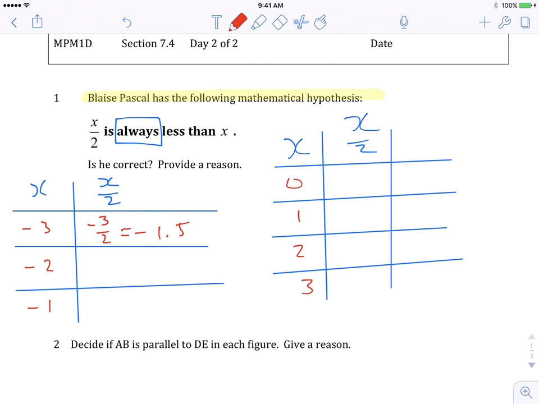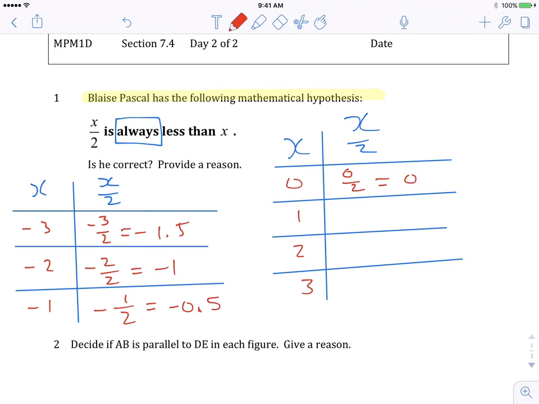When x is -2, then we'd have -2 divided by 2, which is -1. And of course, -1 is greater than -2. When x is -1, we'd get -1 divided by 2, which is -0.5, and clearly that's greater. When x is 0, then 0 divided by 2 is equal to 0, so they're the same.